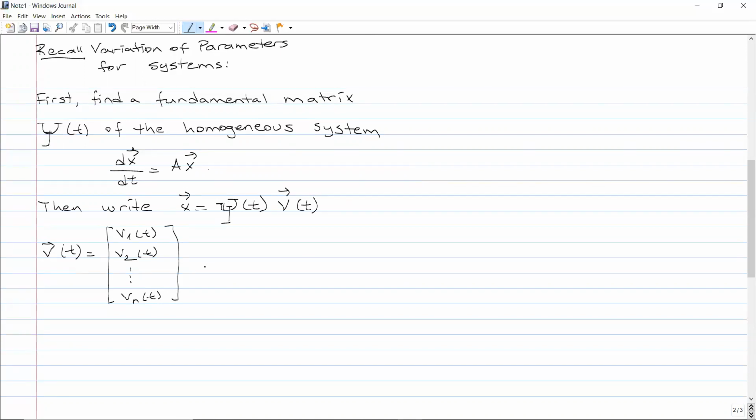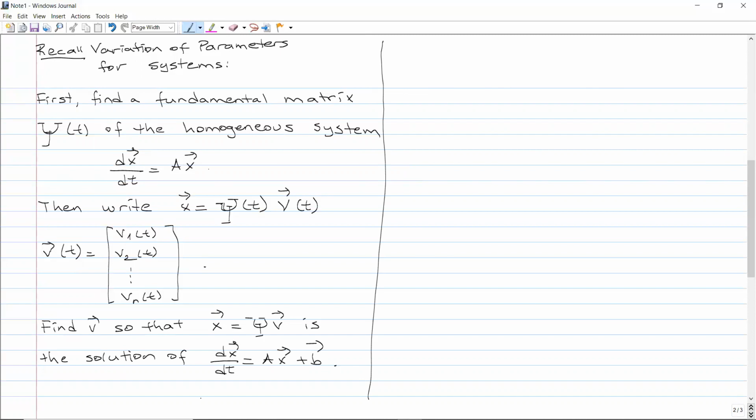So the question is to find this vector v so that x equals the fundamental matrix times v is the solution of the non-homogeneous system dx/dt equals Ax plus b.